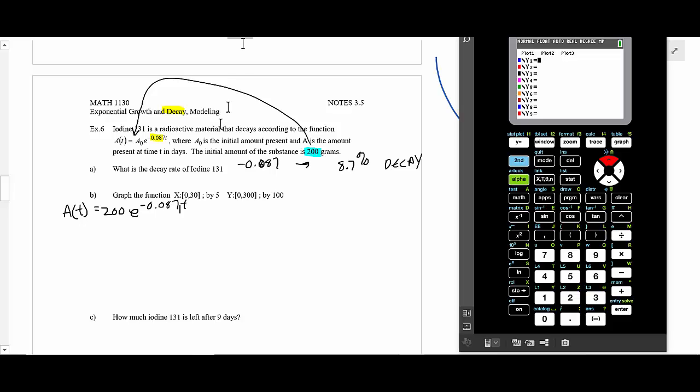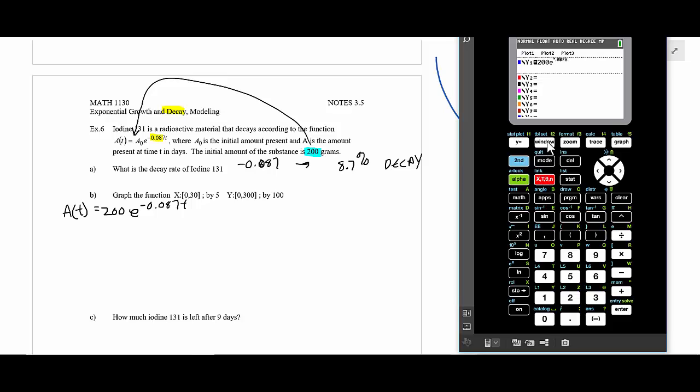You want to put that in your calculator. Use the viewing window that I put on your handout. So let's get that in: 200, and then e raised to the negative 0.087 times x.